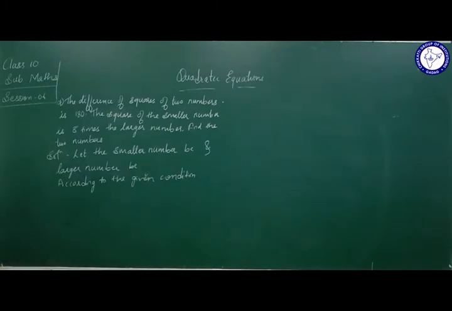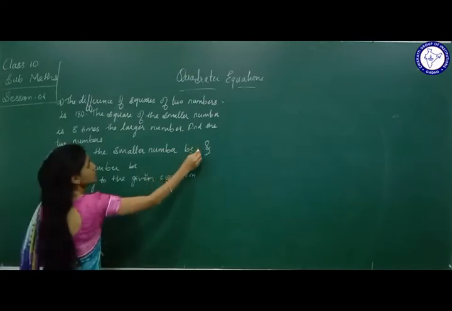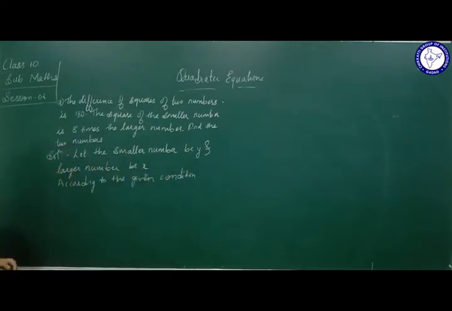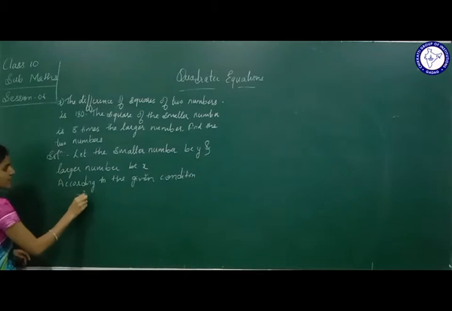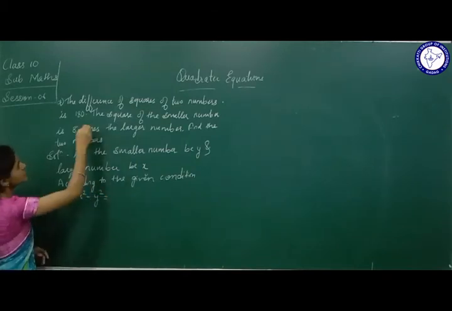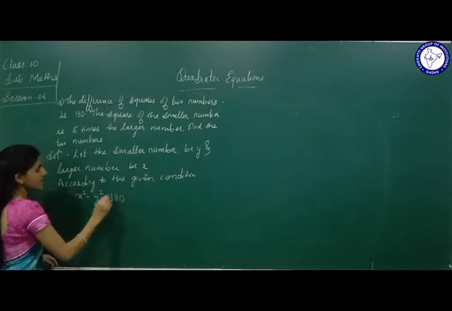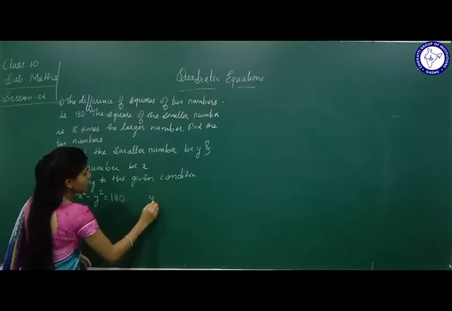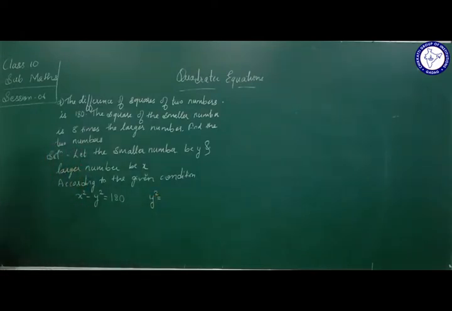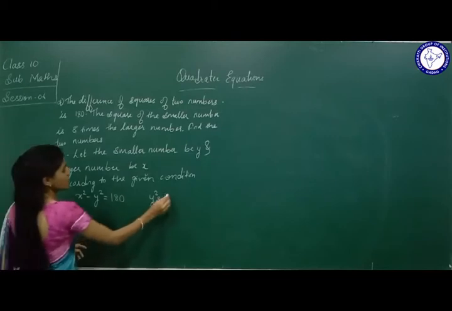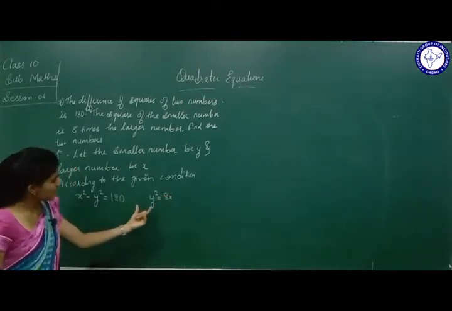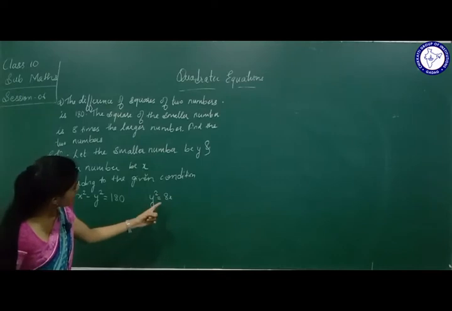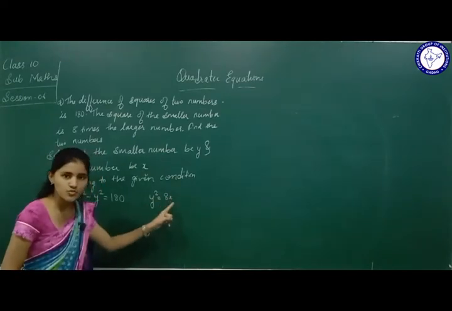Let the smaller number be y and larger number be x. Then x square minus y square equals 180. And what have they said? The square of the smaller number, y square, is going to be equal to 8x, that is 8 times the larger number.